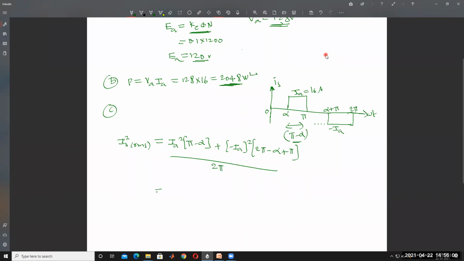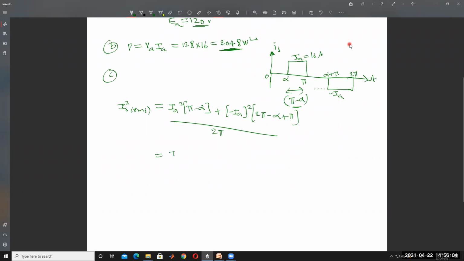So 2 pi minus alpha minus pi is pi minus alpha.